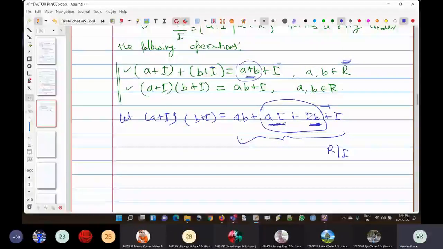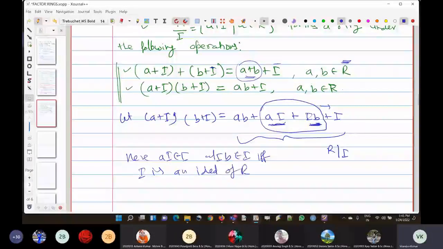So it means AI belongs to I, and IB belongs to I, if and only if I is an ideal of the ring R.